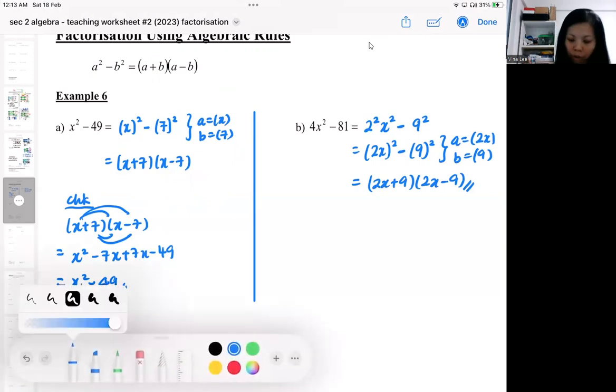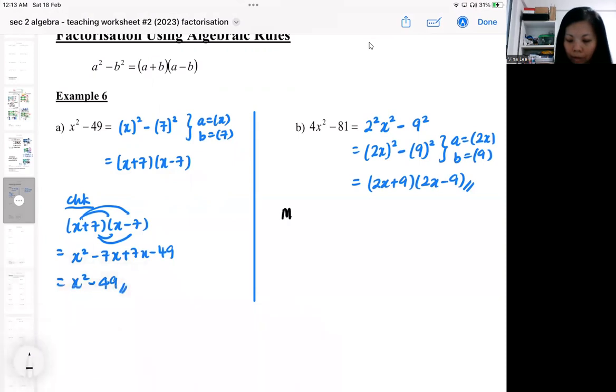Now I will show you the common mistake that a lot of students give me. A lot of students will recognize that 81 is a perfect square, and then they will give me this.